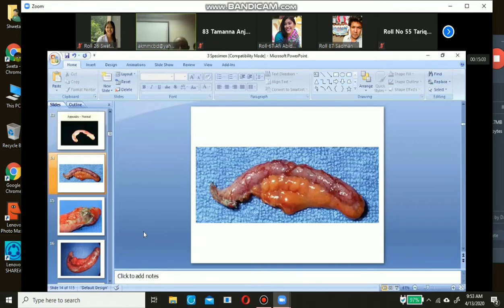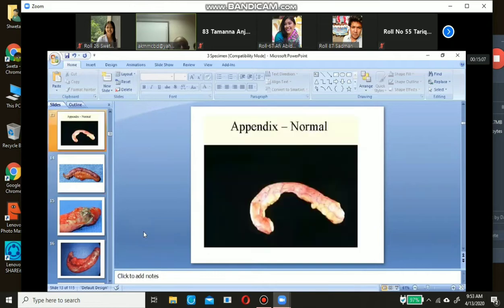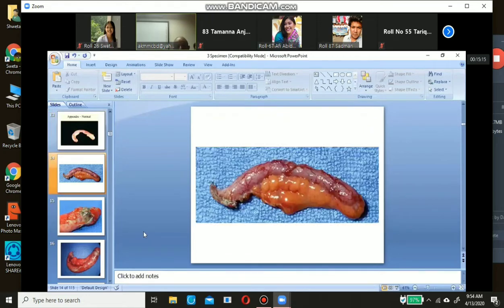Now come to this appendix. You see this appendix, see the color, see the diameter, etc. And here, the color is dark, not black, but blackish. It has not become gangrenous yet.